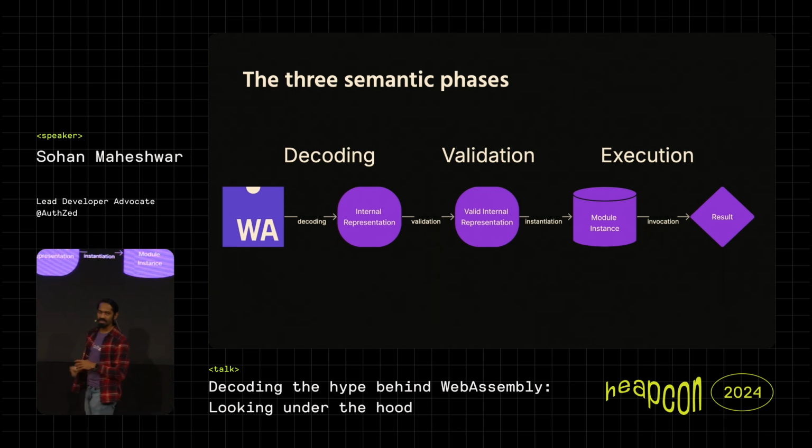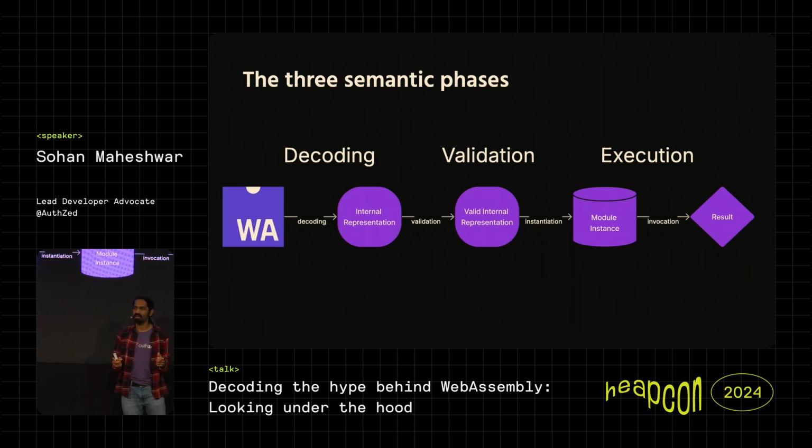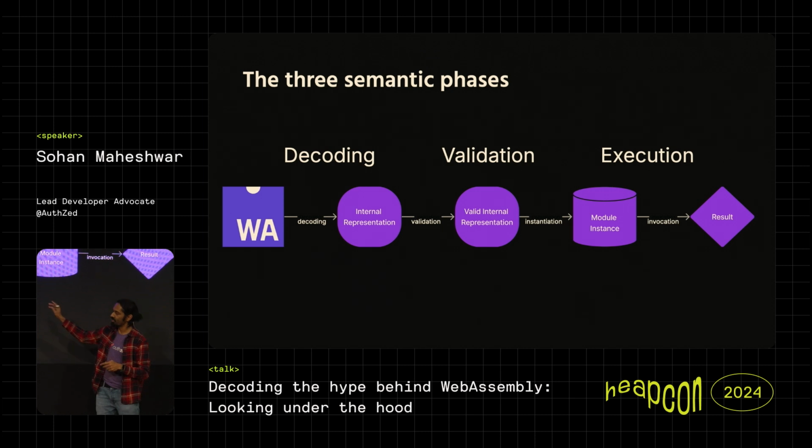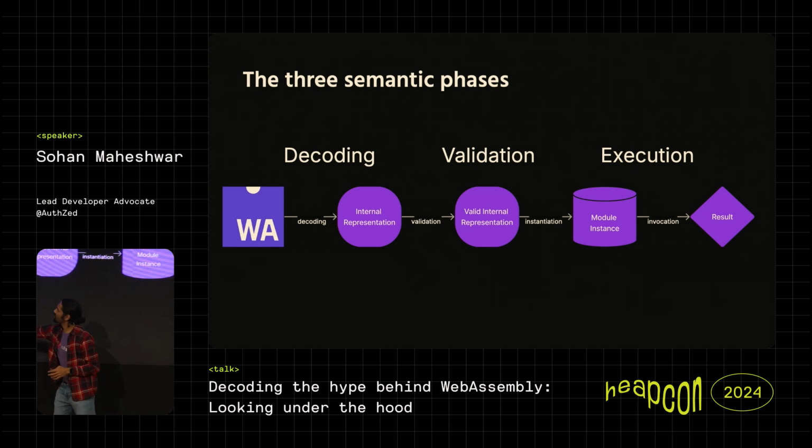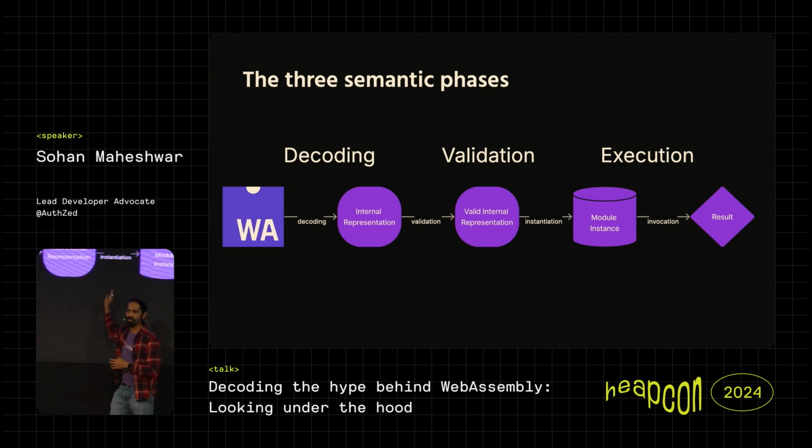The second step is validation, where, again, there are checks to see if it's a valid internal representation, if it's accessing memory that doesn't exist, if it's well-formed, etc. The interesting thing here is decoding and validation can happen at the same time. So if you have a 10 MB WebAssembly file, it does not have to fully be decoded before being validated.